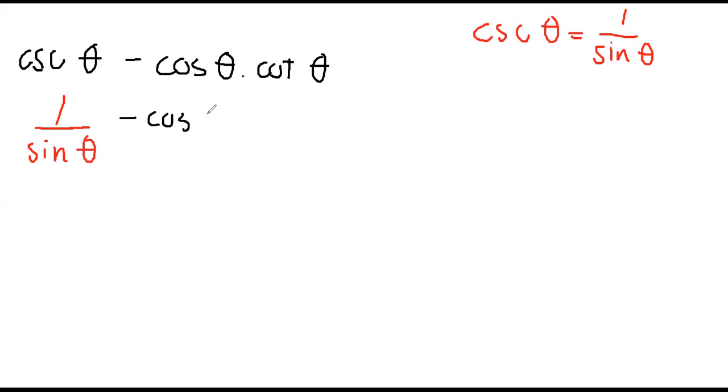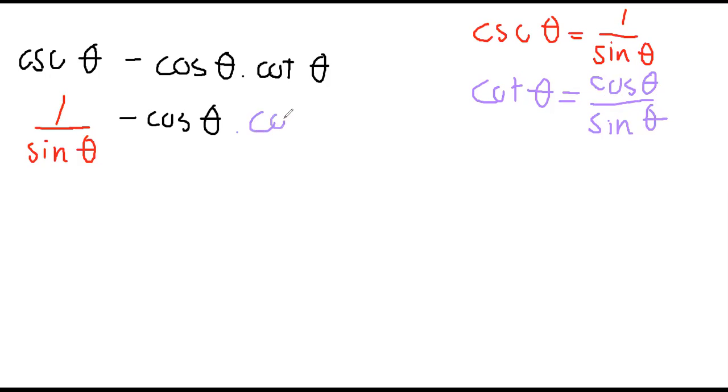Minus cosine of theta. And this part is blue. What is cotangent of theta? Cotangent of theta simply is cosine of theta over sine of theta. And I'll just plug them in. There we go.